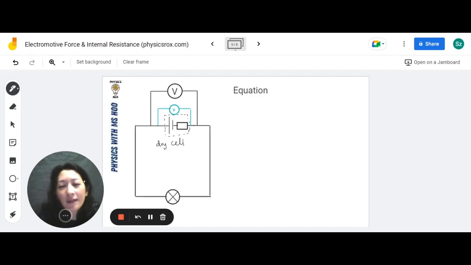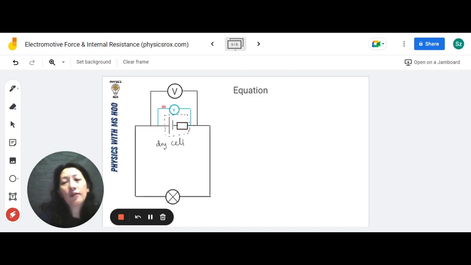Now in reality, there is no baby resistor inside the dry cell, right? It's the electrolyte that's creating the resistance. But for visualization, I want you to imagine that this thing is actually the resistance of the dry cell.